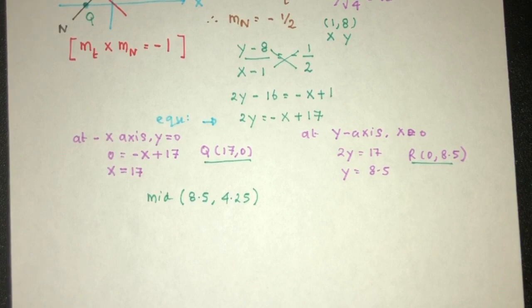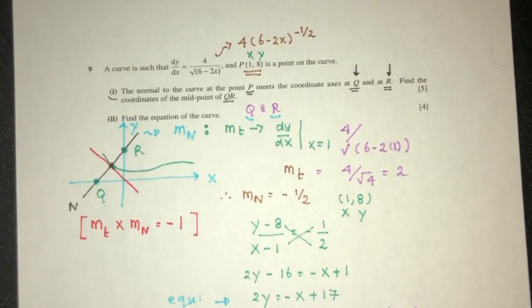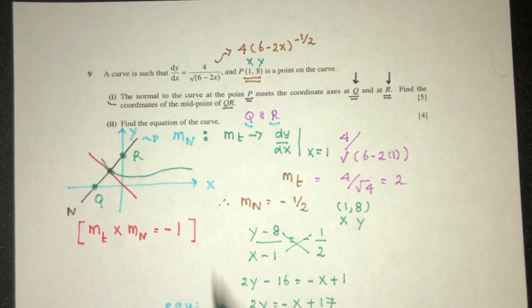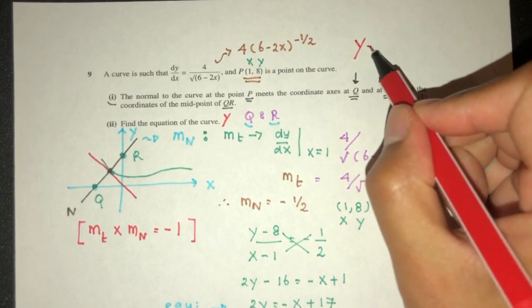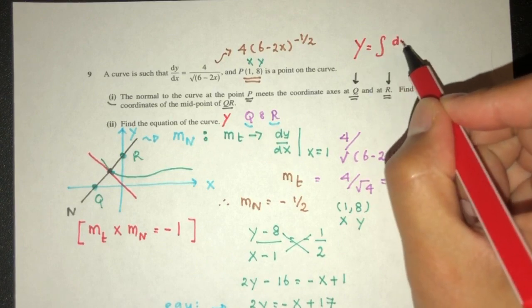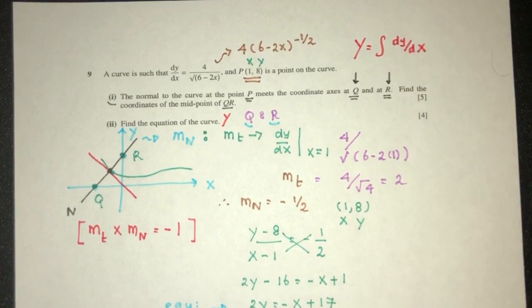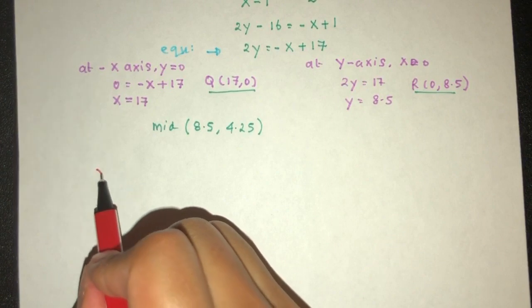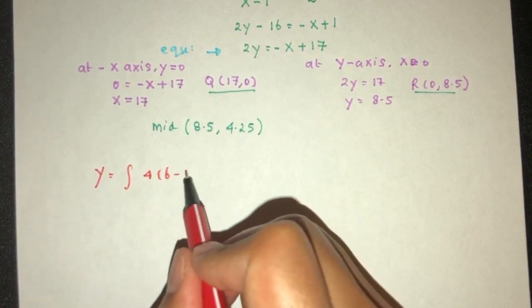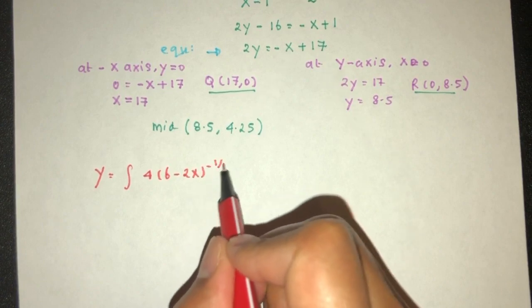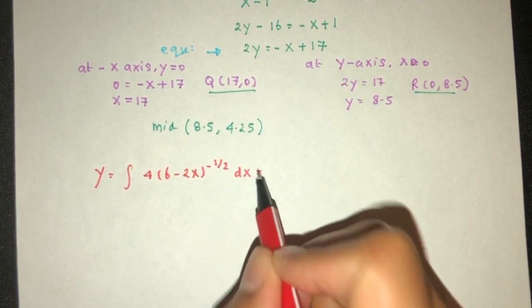Now let's move on to part 2 of the question. Here we have to find the equation of the curve, which is y. We know y is equal to the integration of dy by dx. Let's do this. That should be the integral of 4 times (6 minus 2x) to the power of minus half with respect to dx.